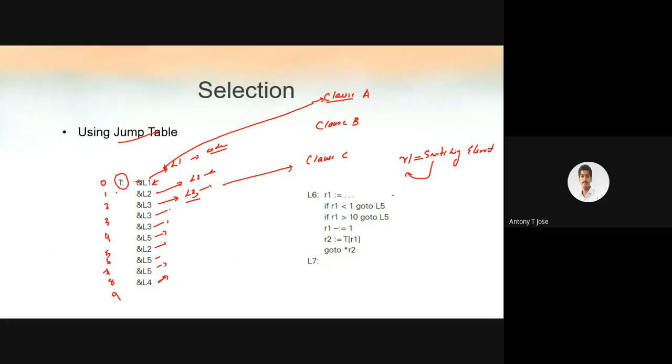So this will be for 0, this will be 1, 2, 3, 4, 5, 6, 7, 8, 9. First it will check whether R1 is lesser than 1. If R1 is lesser than 1, then go to L5.